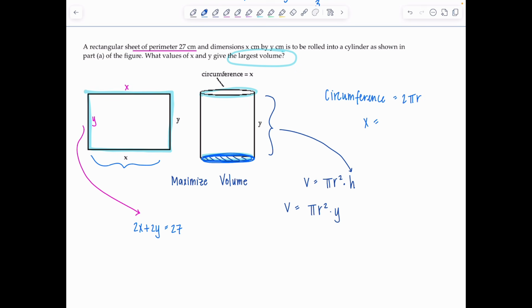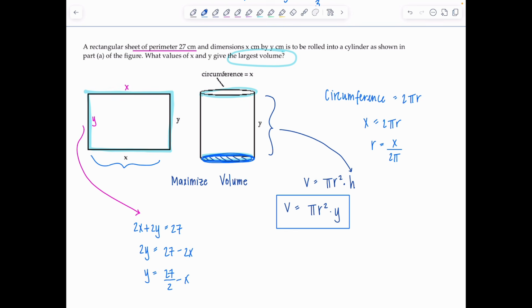So x is equal to 2 pi r. So it looks like what we're actually going to be doing is making volume a function of x, because I can find the radius in terms of x, and I can also find y in terms of x. No other combo is going to work. So let's go ahead and do that. So r equals x over 2 pi. And then over here, if I want y, 2y is 27 minus 2x. So y is 27 over 2 minus x.